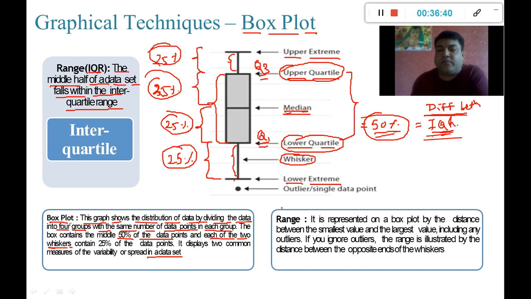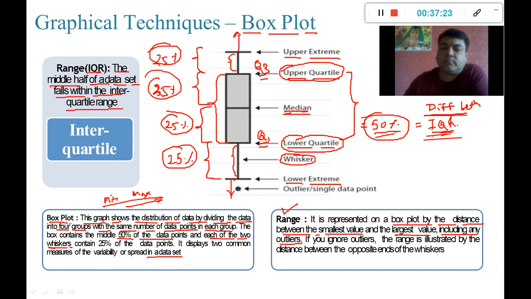There are 2 different types of ranges when it comes to the box plot. We have understood that the minimum and maximum values establish the range of the data. It is represented on the box plot by the distance between the smallest value and the largest value, including any outlier. An outlier can be below the lower extreme or above the upper extreme as well. I am going to explain this in Excel so that you get a better understanding.